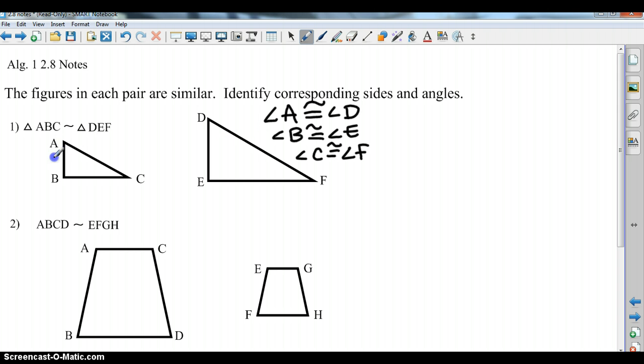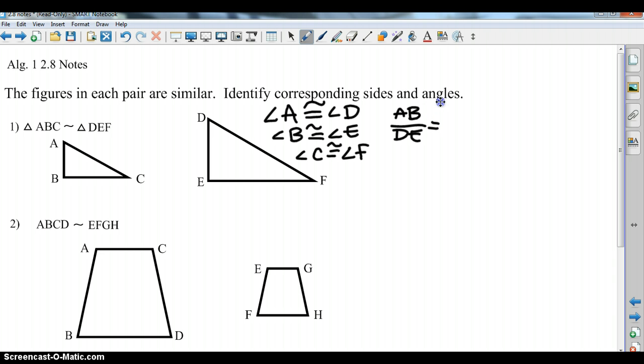So if we look on this triangle, AB will correspond with DE. So we write that as AB over DE because this side corresponds with this side. So now if we do this side, AC, you can see it corresponds with DF.